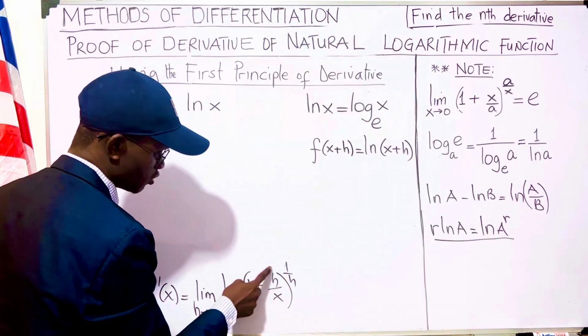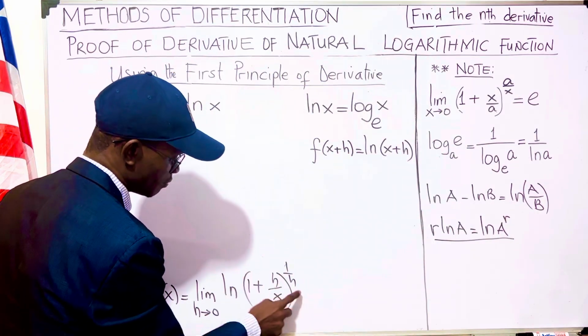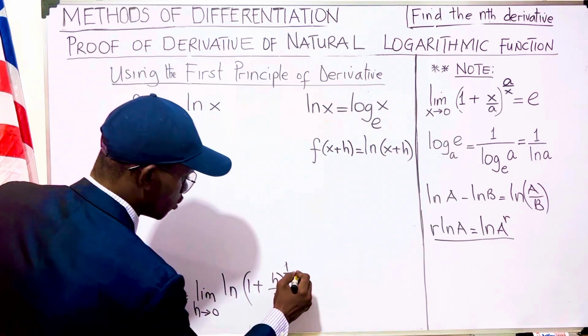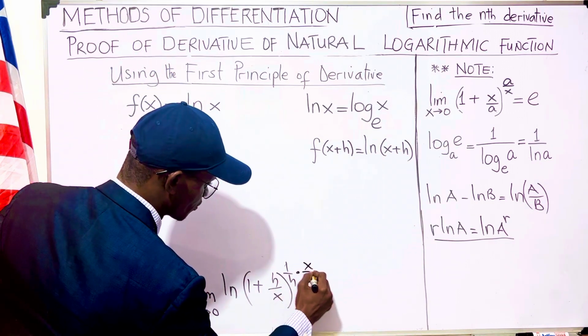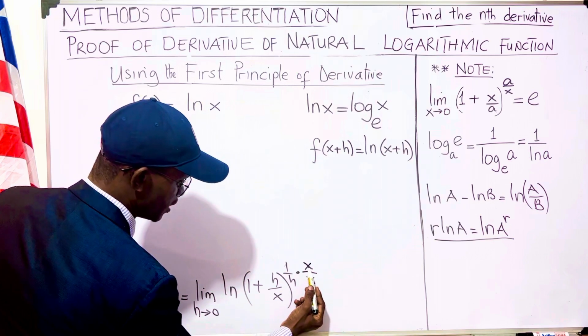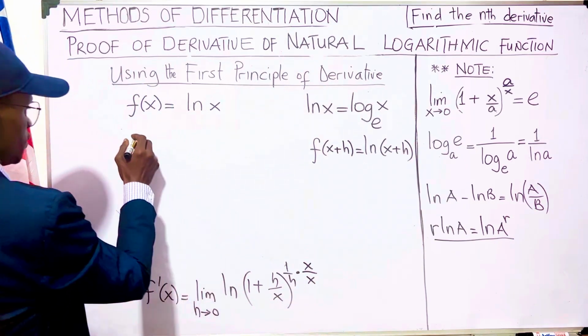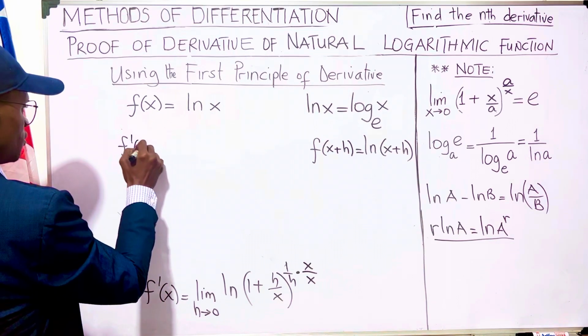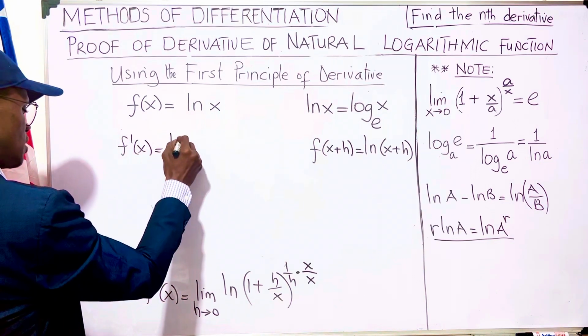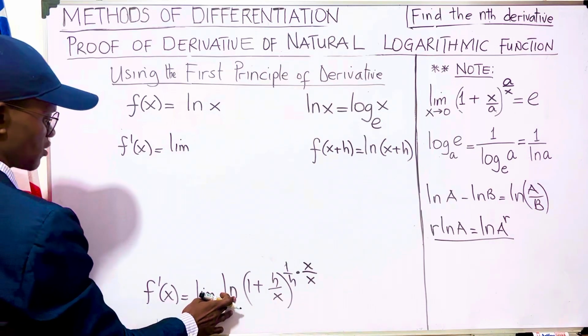So we must also have this reciprocal as the power. What can we do? We just need to rationalize x so that we can bring this x right here and we will have x over h. That's all. So we have f prime of x now to be equal to the limit. We can factor out this ln.